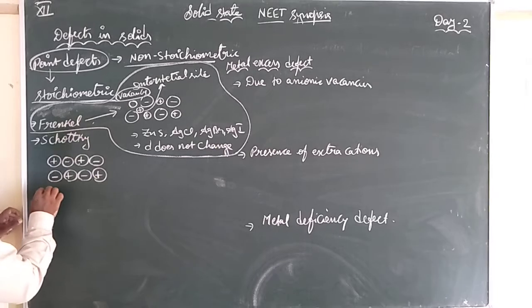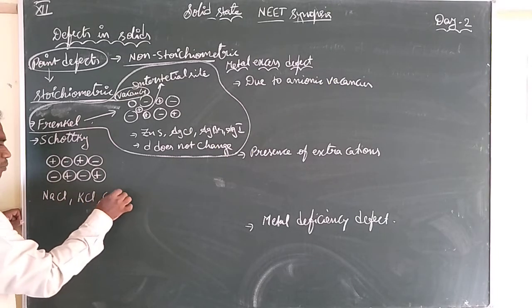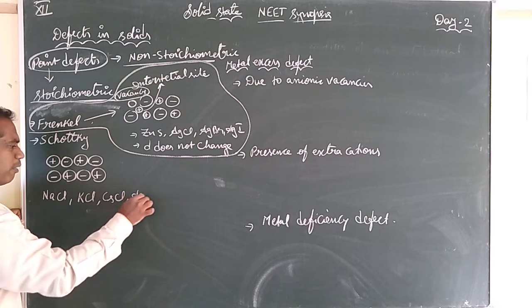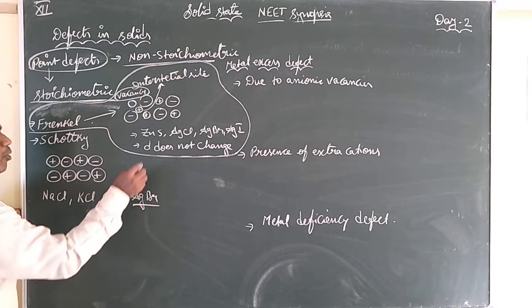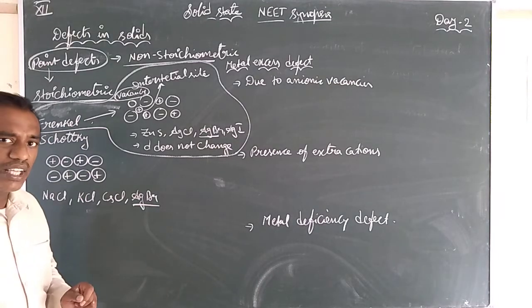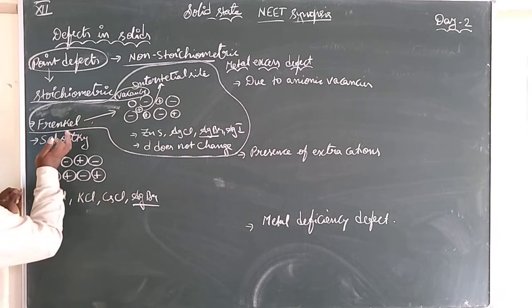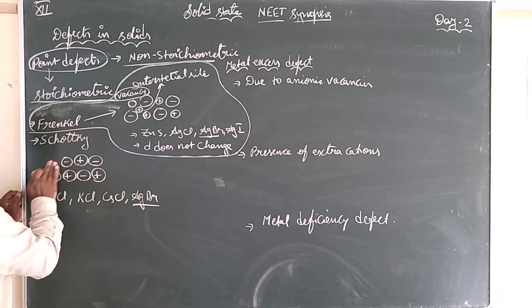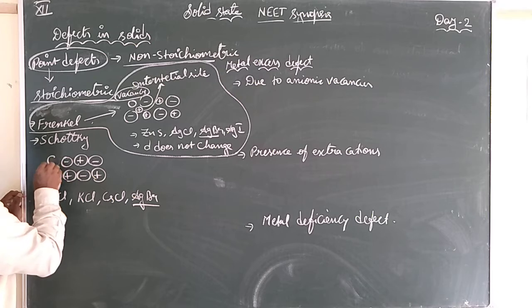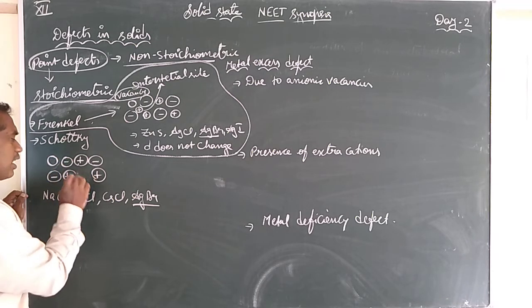In such compounds, like sodium chloride, potassium chloride, cesium chloride, or silver bromide, silver bromide will show both the Schottky defect and the Frenkel defect. So Schottky defect means what? If one cation is vacating from its site, leaving a vacancy, or some other location.